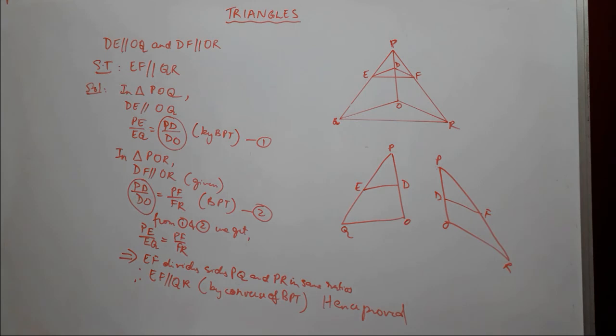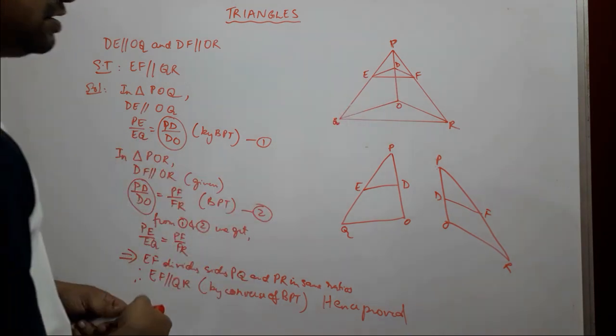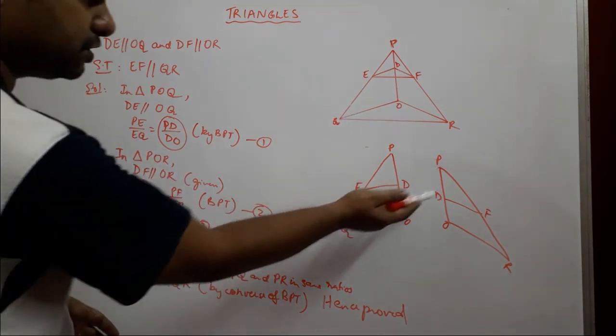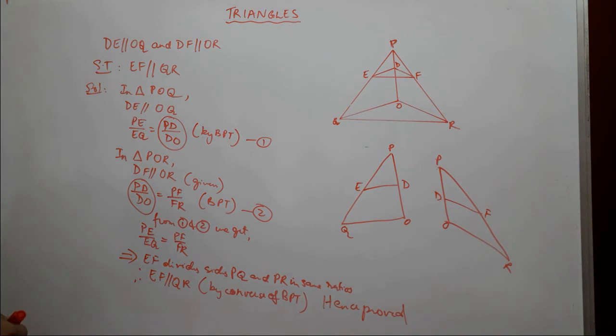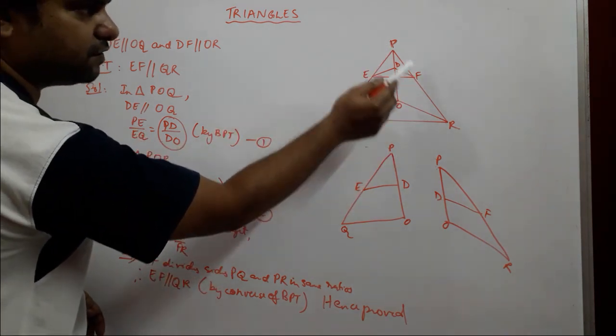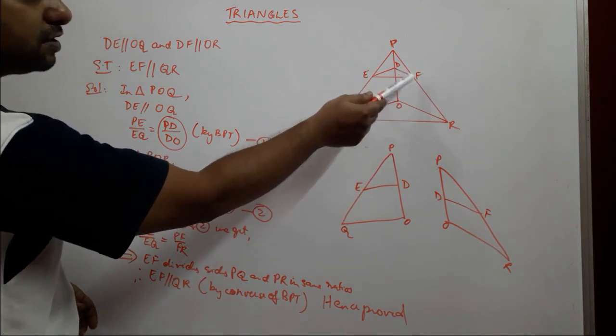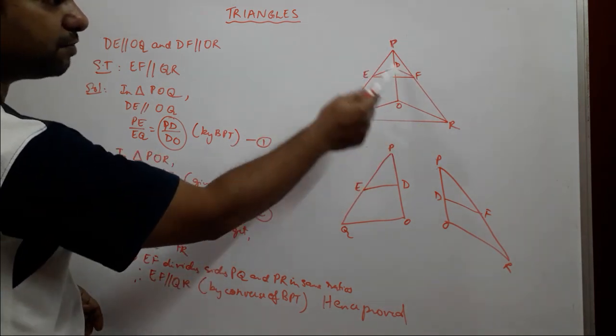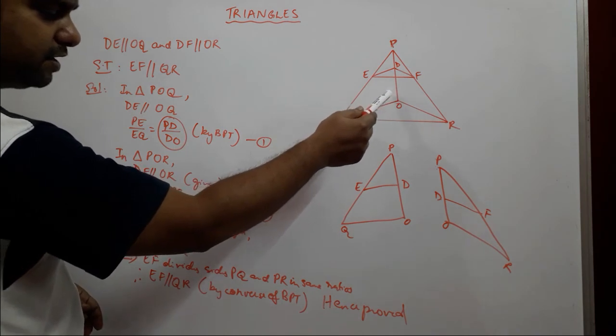Yeah. So it was easy, though the figure looked complicated. Most of the time the figures look complicated. We just need to break it down into manageable parts to solve the proofs. So all we did was break this down into two different triangles and applied the basic proportionality theorem to them, which helped us get PE upon EQ is equal to PF upon FR, which are nothing but the sides PQ and PR of triangle PQR being divided in same ratios.